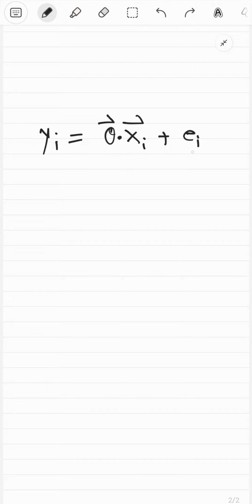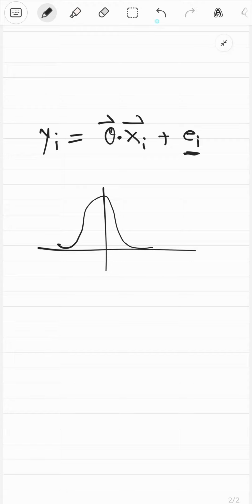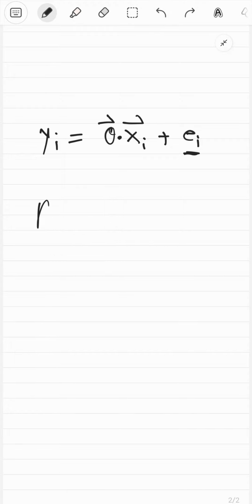If these errors have a Gaussian distribution, we can say that e is normal with mean 0, obviously, and some variance sigma squared. Let's also say that all of these errors are independent.